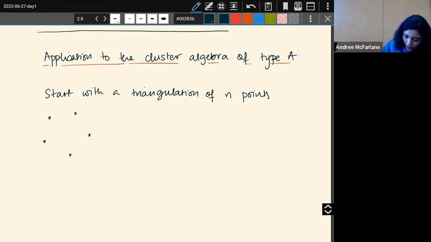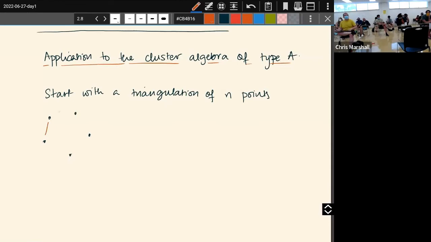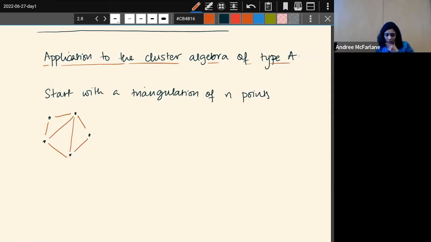I'll give you an algebraic incarnation of the operation of flipping here. For convenience, I'm going to label the vertices of the triangulation. I'll just label them in order.